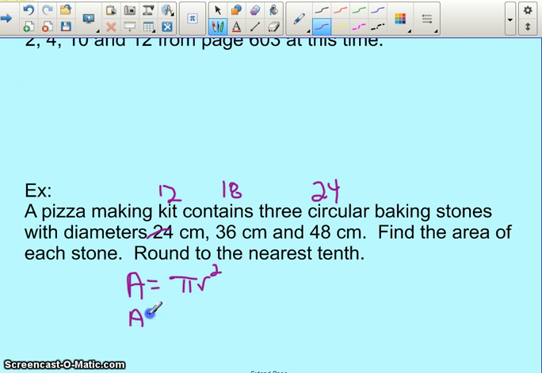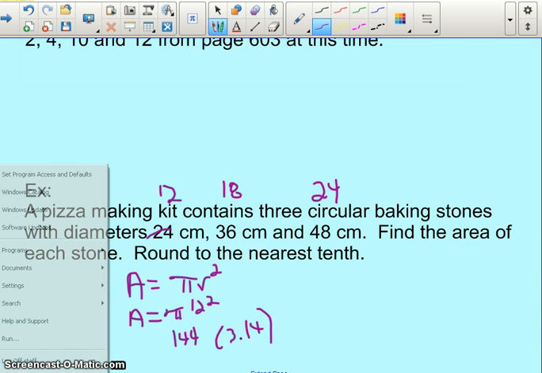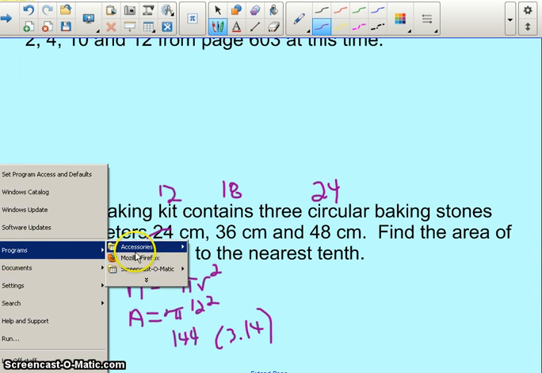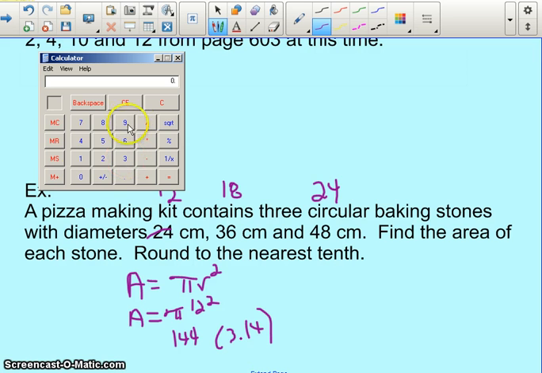So the area of the first stone would be pi times 12 squared. So 144 times our pi, and I would use the pi key on the calculator if you have it. Otherwise 3.14 should be close enough. So if we get that out here, handy dandy calculator, we got 144 times 3.14, and bam.